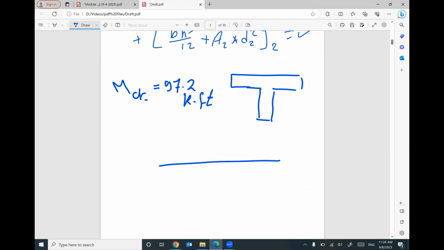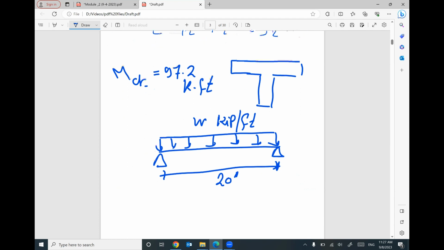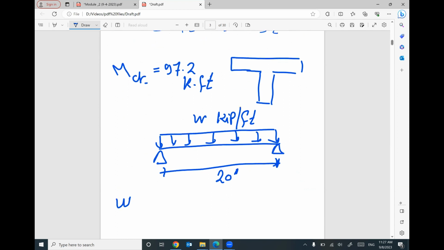And this beam looks like this under the effect of a uniform distributed load, W kip per foot. And the span of this beam equals 20 feet. Can you tell me what is the maximum value for W to prevent any cracking in the concrete beam?